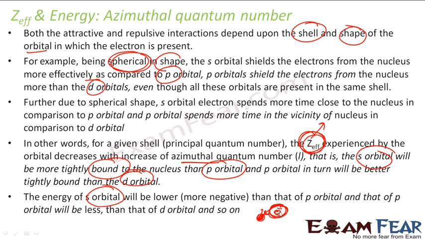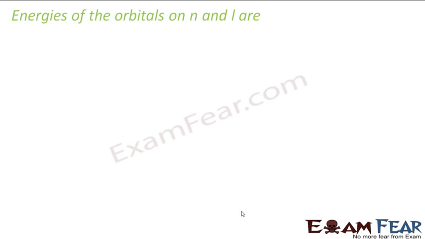Hope you understand this. The more tightly the electron is held to the nucleus, the lower its energy will be. For the s orbital, the electron is more tightly held, so the energy is less. Or you can say more negative actually.